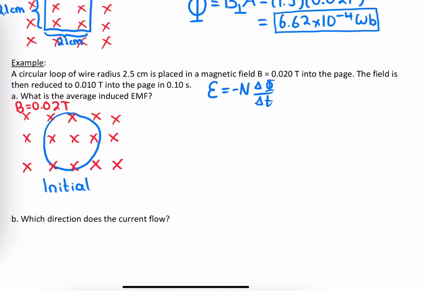So let's redraw my loop over here. And my magnetic field will now be reduced.